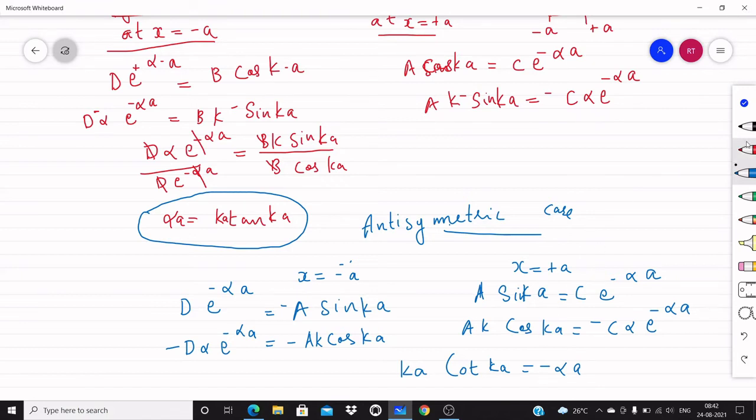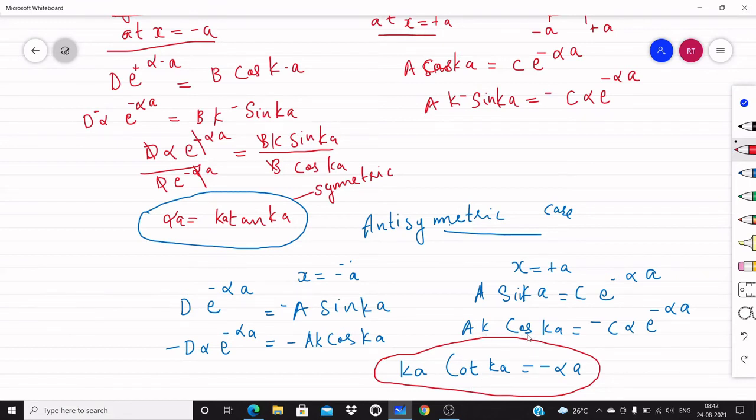So you have two equations now. This is the case when the wave function is anti-symmetric, and this is the case where the wave function is symmetric.